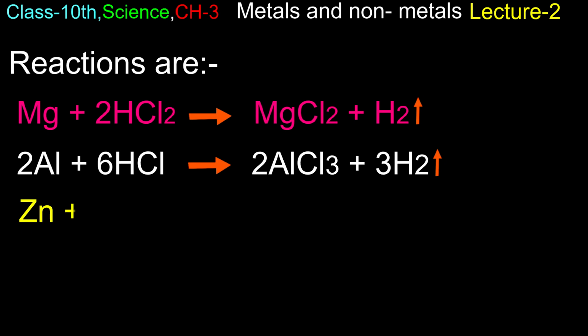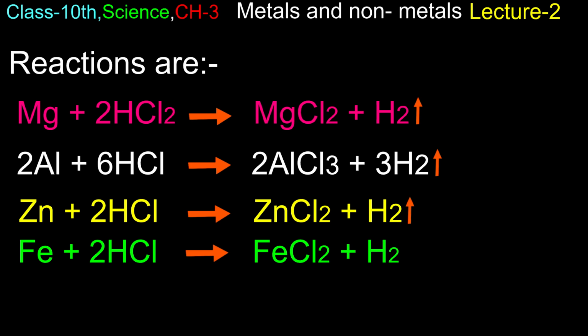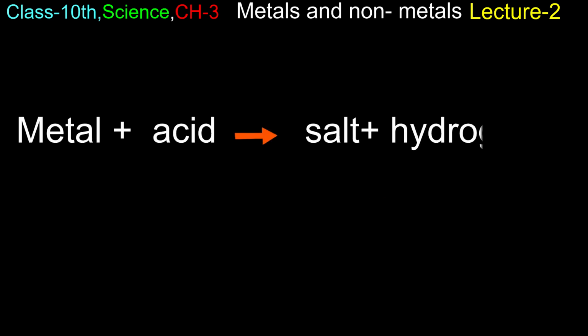Zinc also reacts to produce zinc chloride, which is also a salt, and hydrogen is evolved, and Fe also reacts with HCl to produce ferrous chloride and hydrogen is evolved. That means the metals react with the acids and salt and hydrogen is formed.